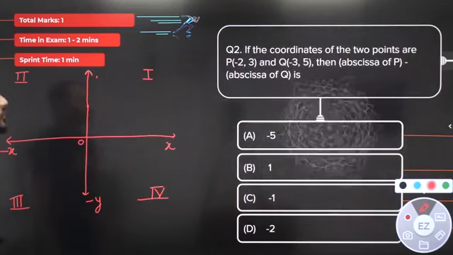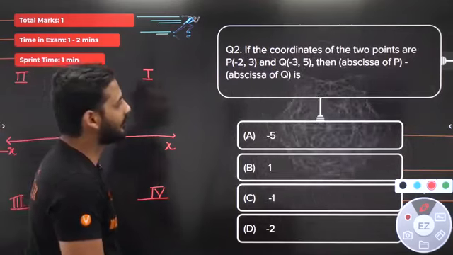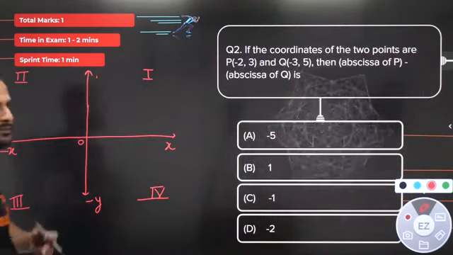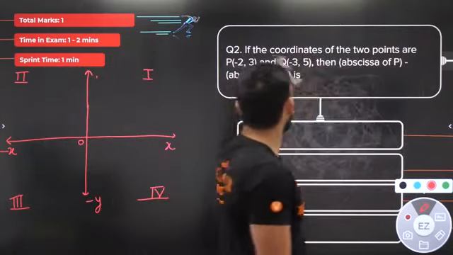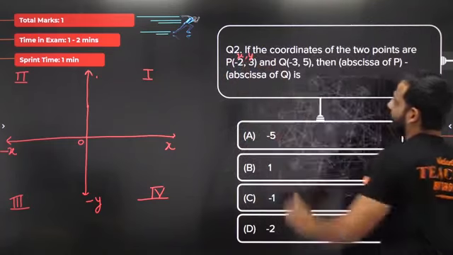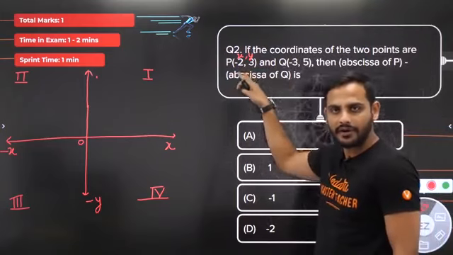If the coordinates of the 2 points are P, which is (-2, 3), and Q, which is (-3, 5), then find abscissa of P minus abscissa of Q. Abscissa means x coordinate. So x coordinate of P is what? Always remember the points are always written in the form of x, y. The first is x coordinate, second is y coordinate.